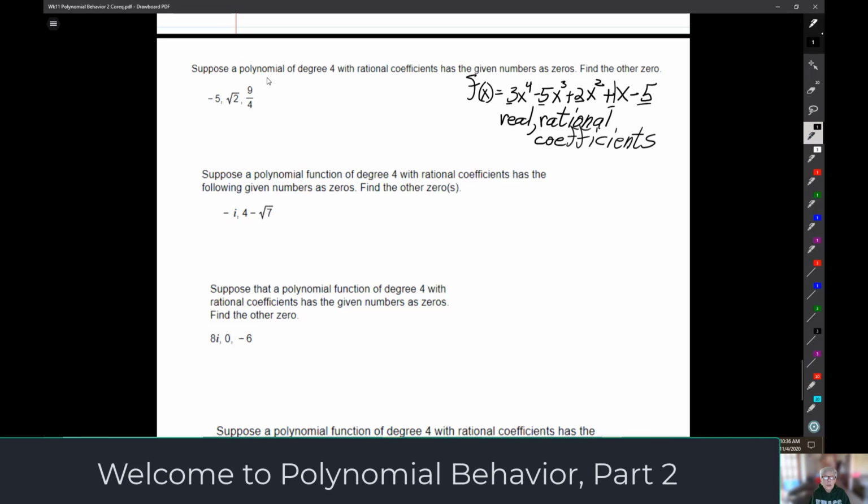So when this says you've got a polynomial of degree 4 with rational coefficients, they don't even have to bother to say real, then what we have to do is look at the zeros they give us. This is a rational 0. And this is a rational 0.